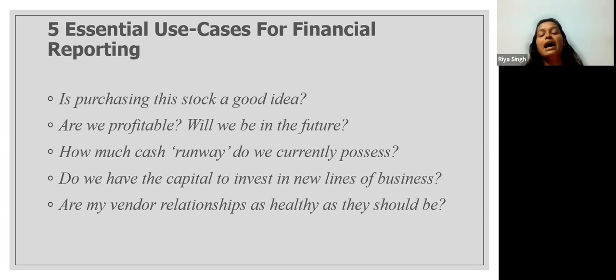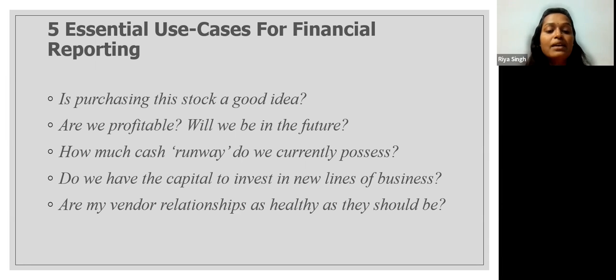So whether we have the appropriate capital to invest in the future or not, if we want to grow our business by adding some new product line. For that, we need some capital to invest. So by checking that balance sheet, we will be able to know whether we have appropriate capital to invest in a new product line or not.